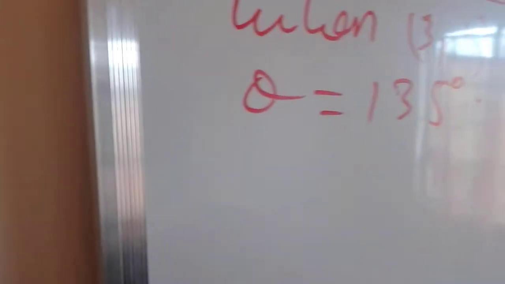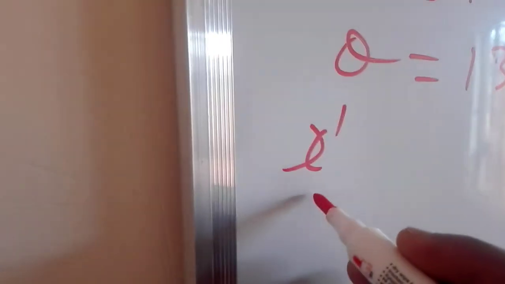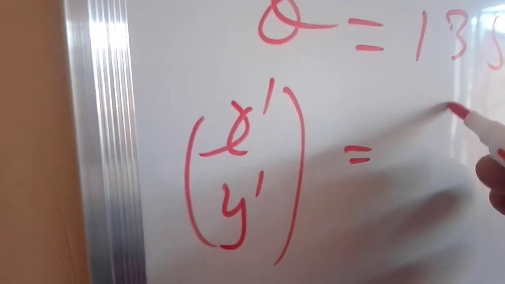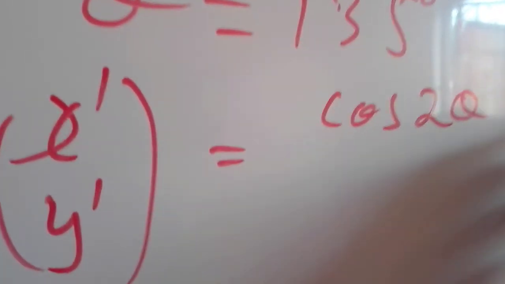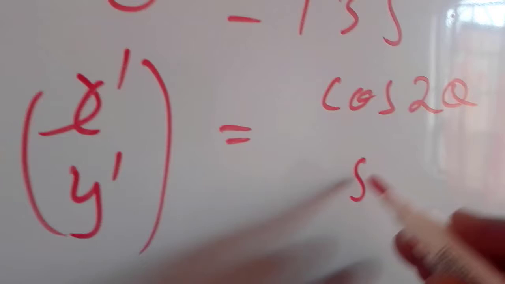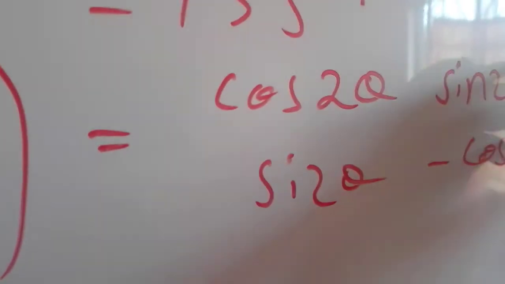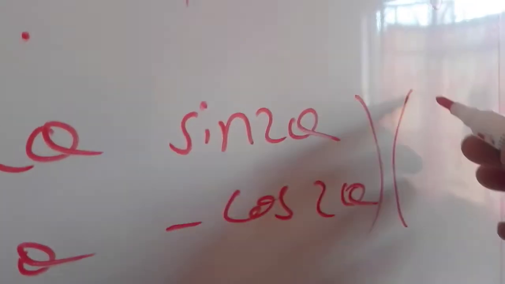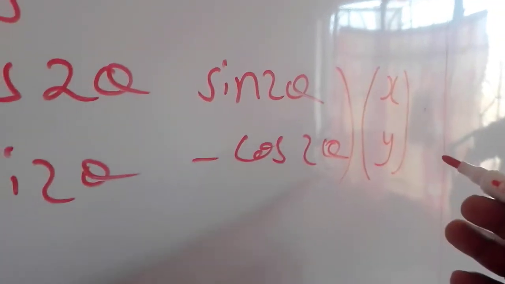Then using this general formula, the reflection matrix, finding the image: (x', y') equals the matrix cos 2θ, sin 2θ, sin 2θ, negative cos 2θ, times the original point (x, y). Our original point (x, y) is (3, 1).